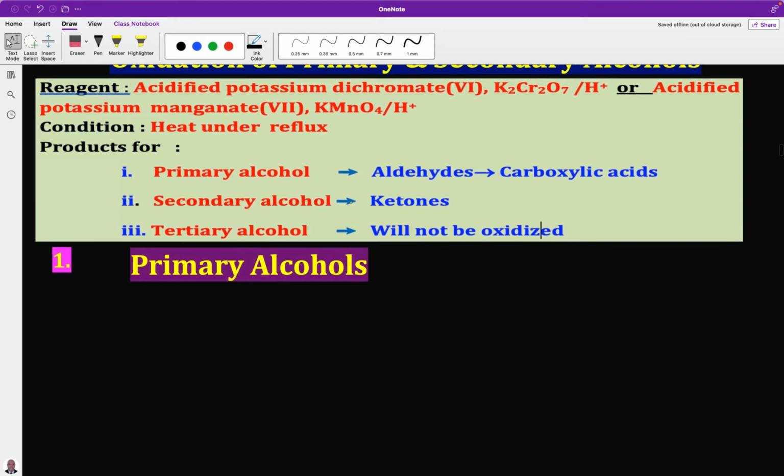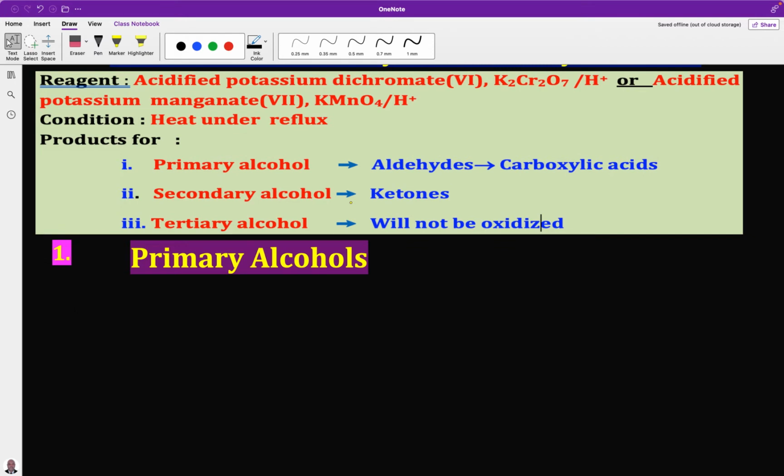Let's start with the oxidation of primary alcohol. Our example is a primary alcohol, for instance, ethanol.